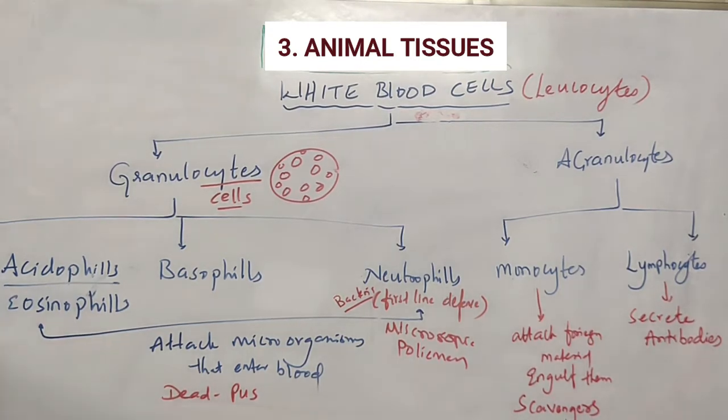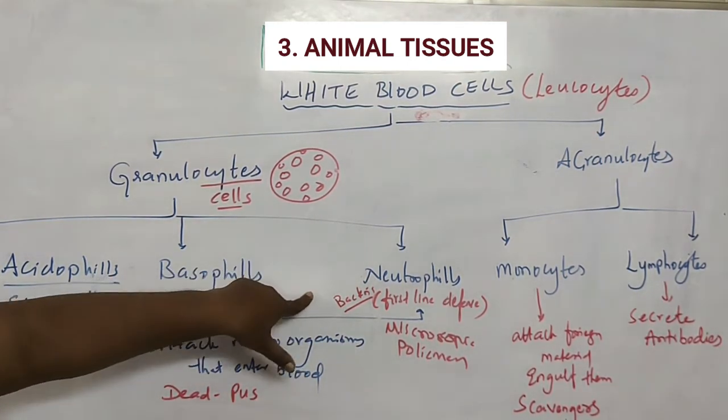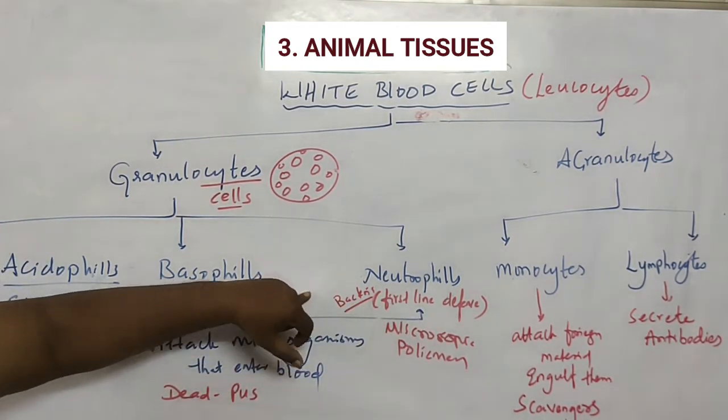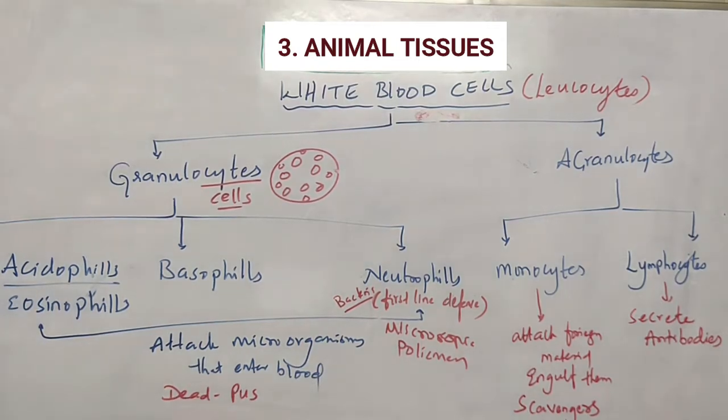So neutrophils play a major role here. They completely attack the bacteria and act as the first line defense, which is why they're also called microscopic policemen.